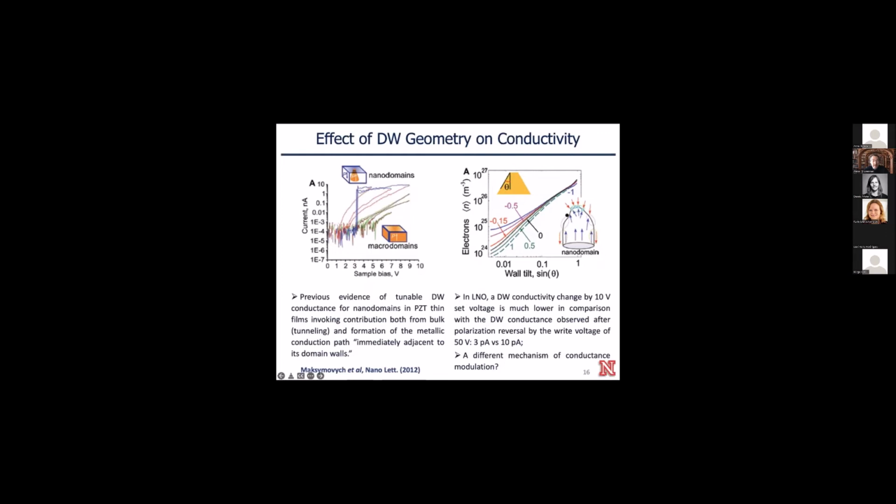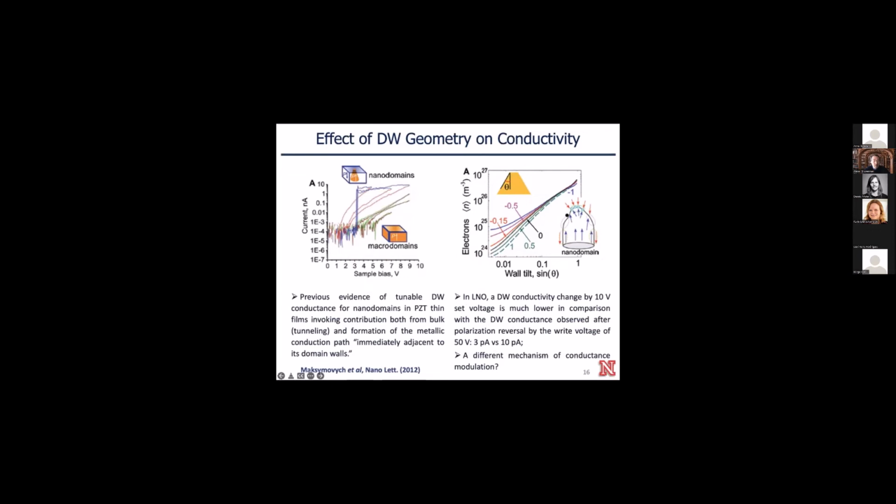So nanodomains represent a single nucleus of opposite polarization, and in general should be decorated by curved domain walls. So domain walls should be inclined, and this should lead to the local modification of the carrier density due to the accumulation of a compensating or screening charge in order to compensate the bound polarization charge.